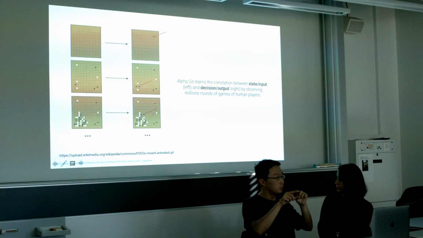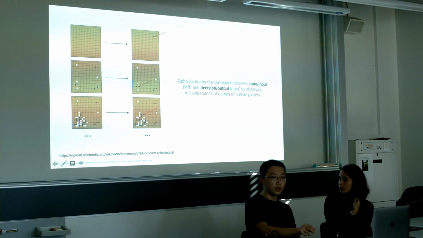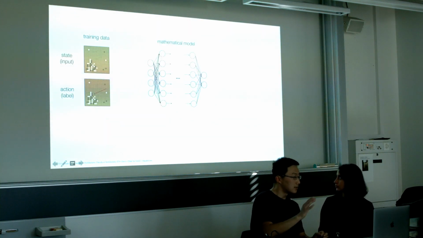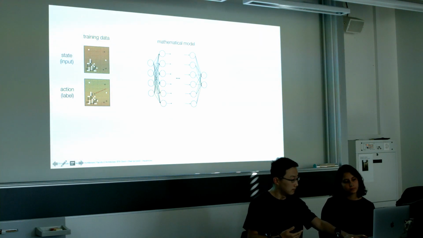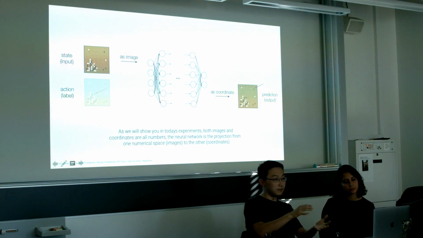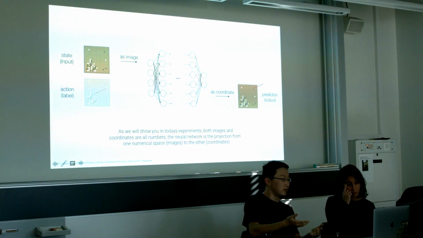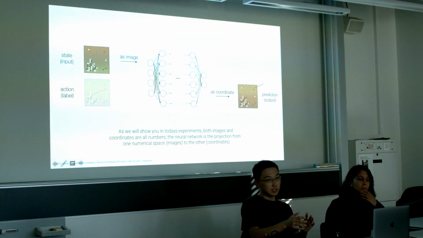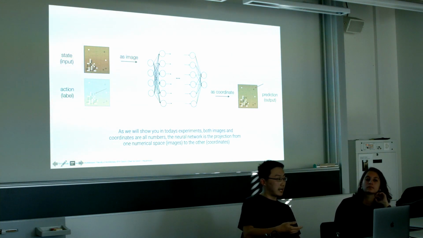For example, the input would be the current state of the Go board, and the output would be where to put the next step. Then, with this data plus a neural network, which is a mathematical model, the input was converted to an image, which is in principle many numbers, and was fed to this neural network, and the neural network gives an answer as the output.